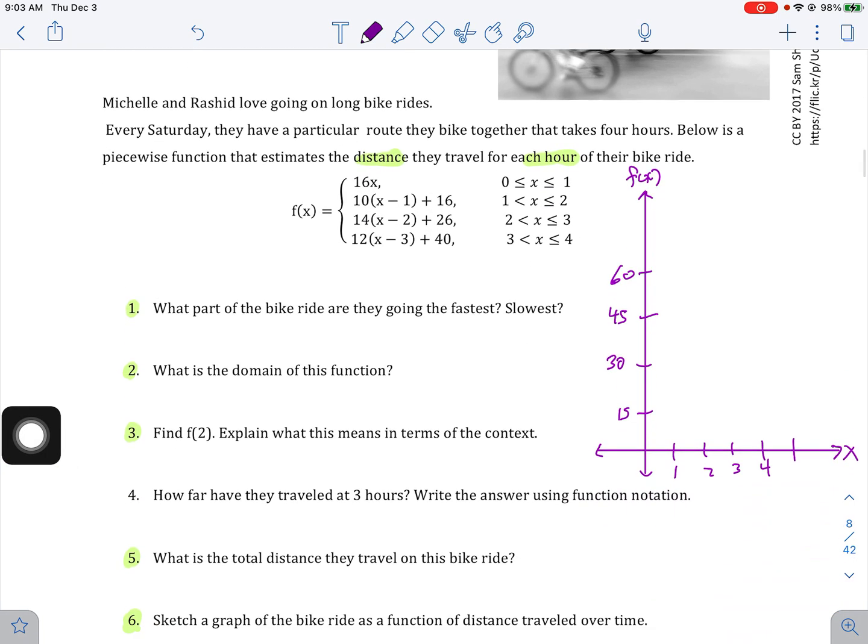When are they going the fastest and the slowest? So for that, we want to look at the slope, or in this case, the fastest slope is right here. So this would be 0 to 1 hour. And then that's the fastest because it's the steepest.